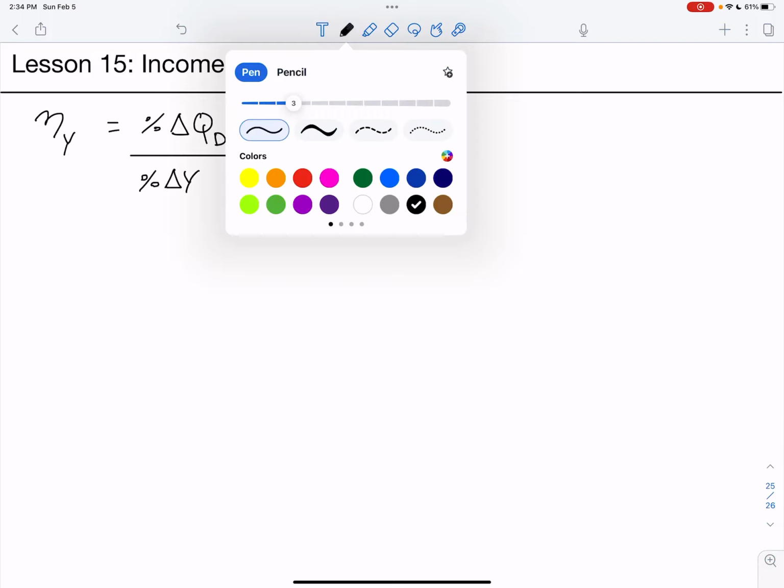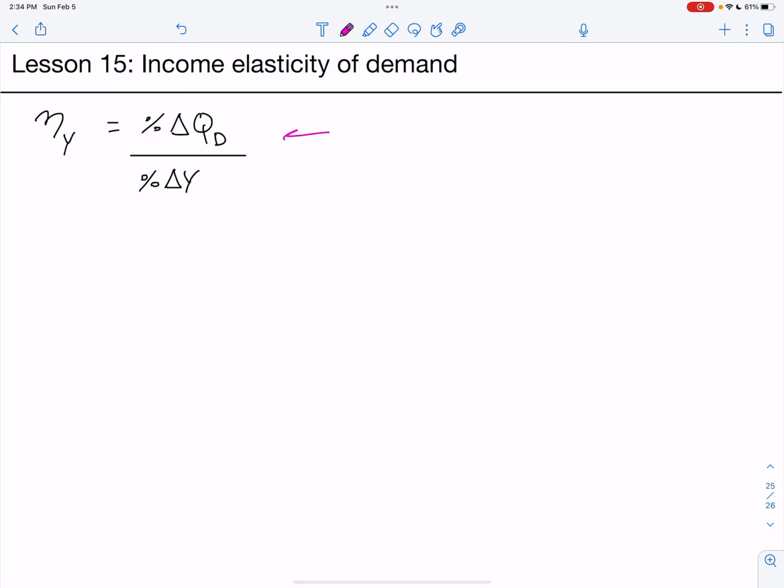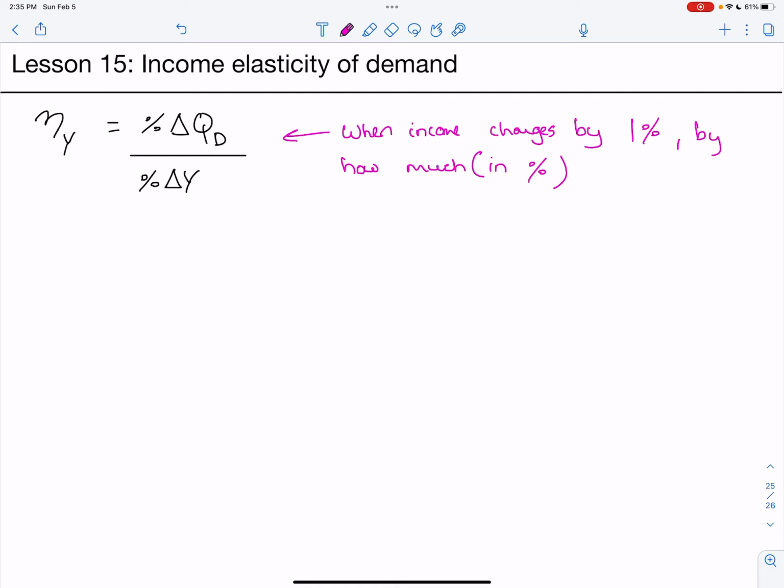But in this case, you have something very similar. So the question is, when income changes by 1%, by how much in percentage does quantity demanded change?